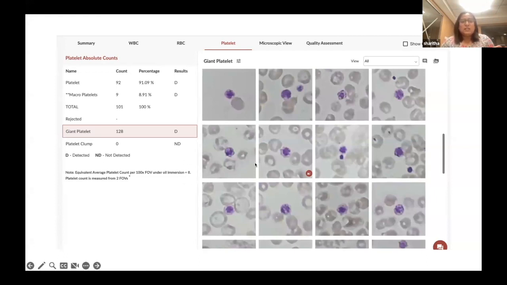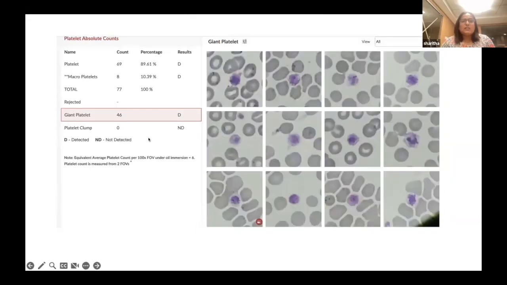As we can see in this image, almost 128 giant platelets were detected, and the average platelet count per 10 high power fields was around 8. That means there was thrombocytopenia associated with giant platelets.